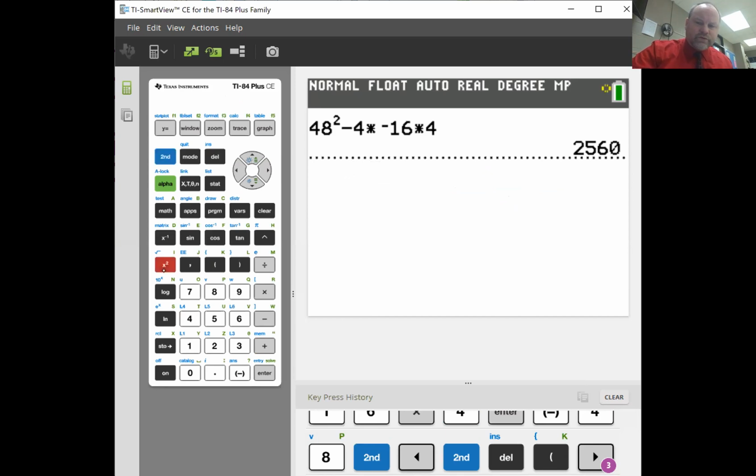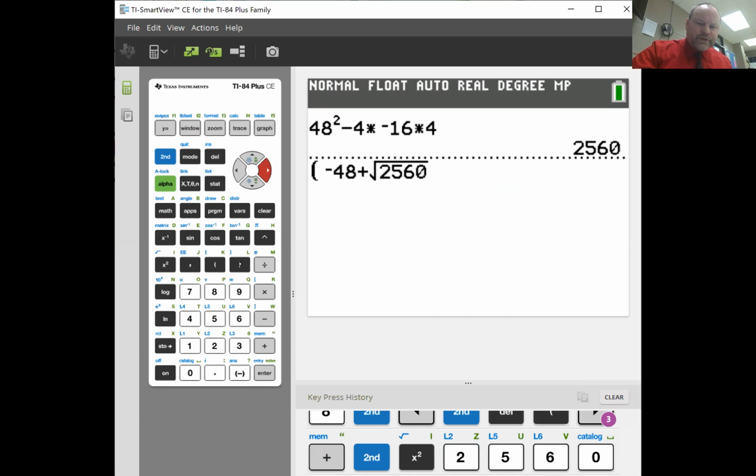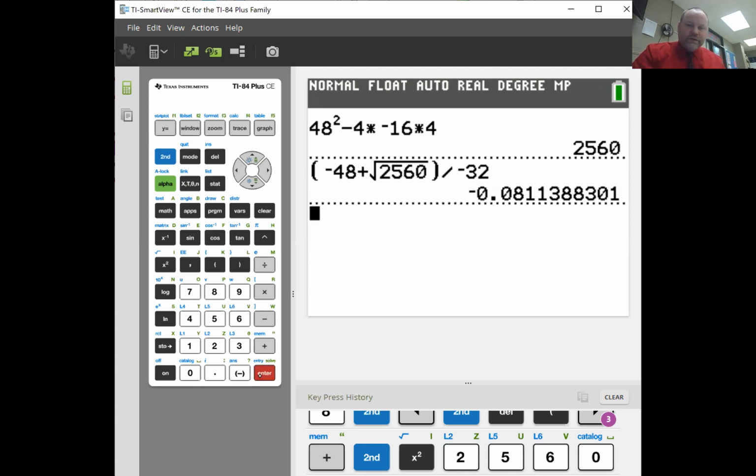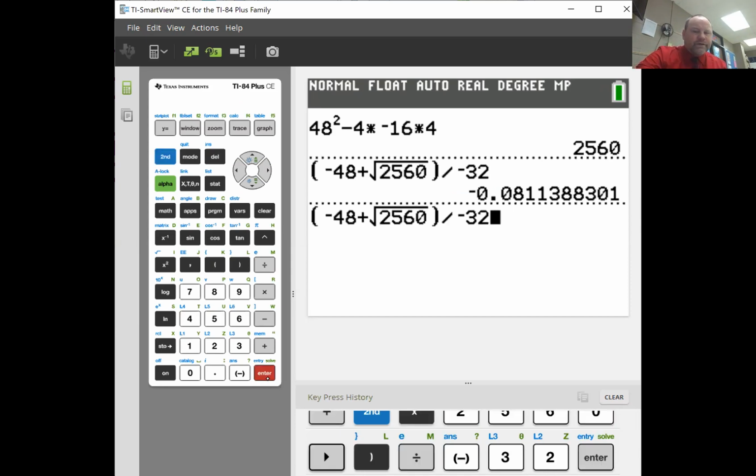Plus the square root of 2,560 divided by negative 32. So our first solution is negative 0.08. And our second solution is 3.08.